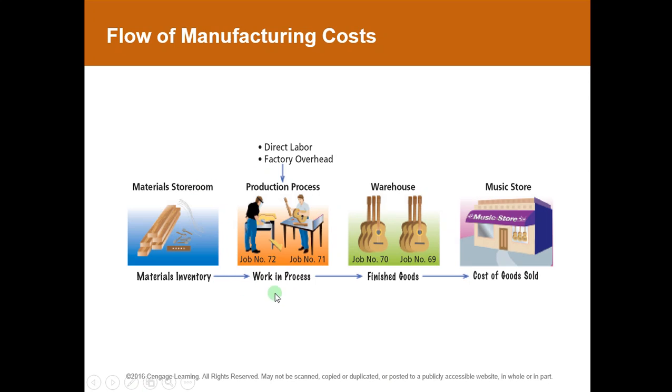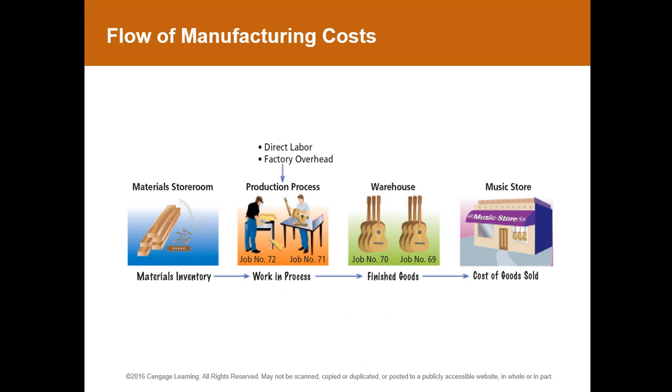When a customer calls in for an order, they're going to custom order their guitar. They will tell you exactly the type of wood they want and so forth. The materials will then be pulled out of raw materials inventory. So that raw materials inventory will be decreasing, but now you have a job in process. So the raw materials have now changed shape.